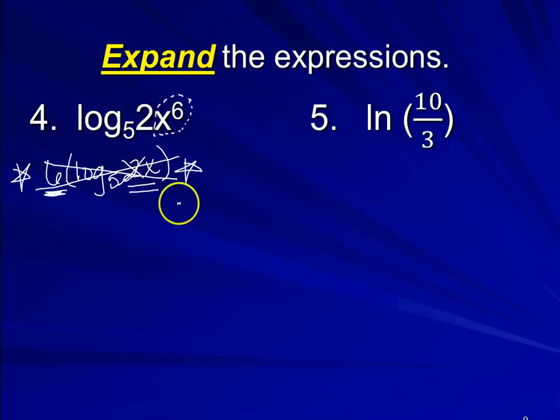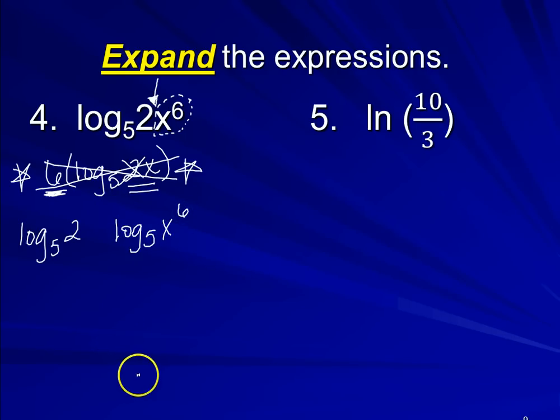Okay, well then my question is, if I can't pull that to the front, what do I need to do? Well, before you deal with that power, you need to separate your 2 and your x to the 6th. So I have log base 5 of 2 and log base 5 of x to the 6th. Okay, well, how can I separate them? This is multiplication up here. So how can I split them up? If it's multiplication, when I expand them, it's going to turn into addition.